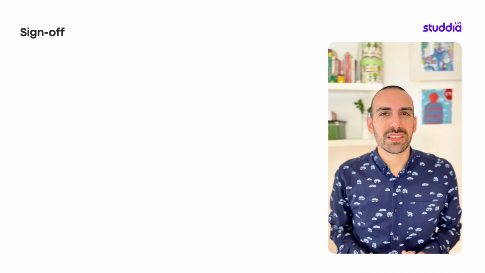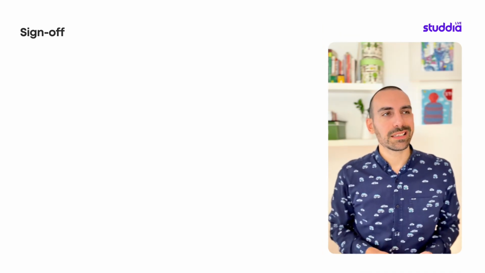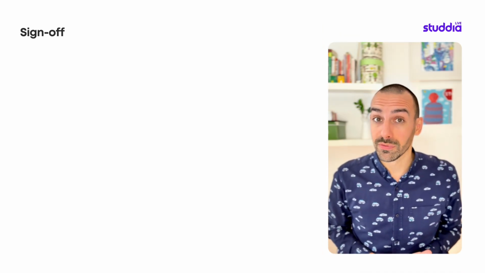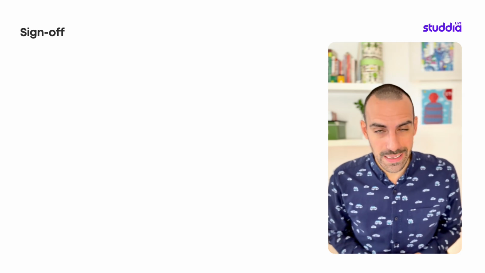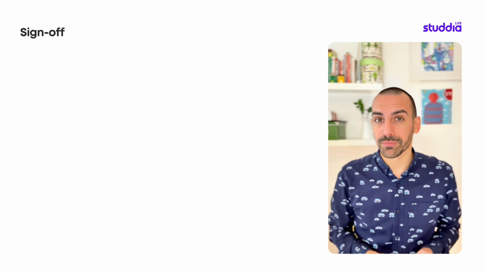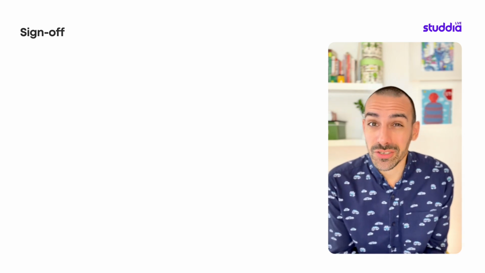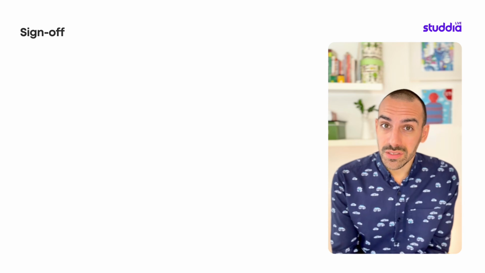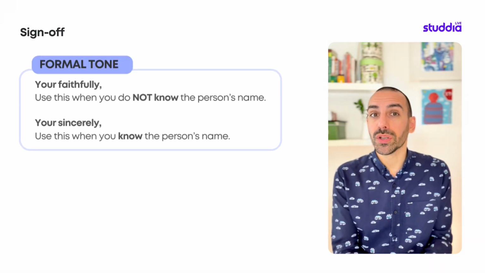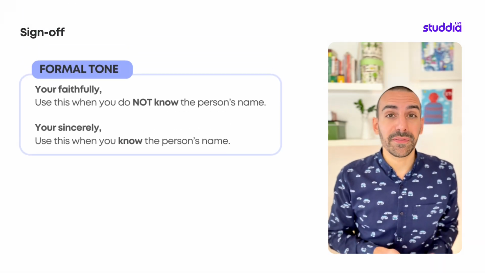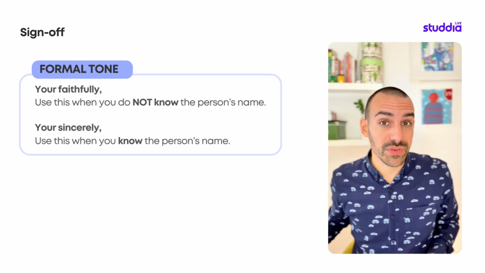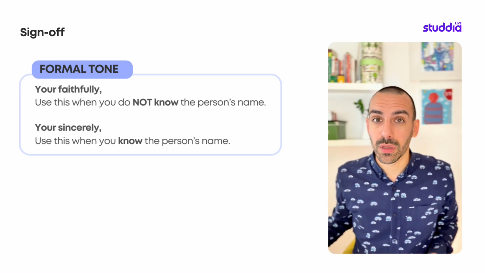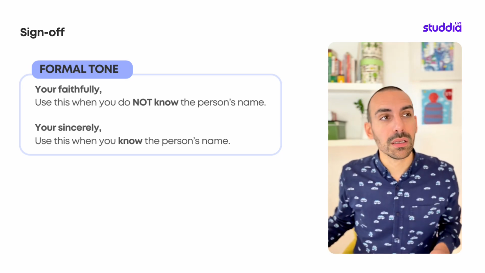And now it's time to sign off your letter, to end it with an appropriate farewell phrase and your name. Just like with the greeting, your sign off depends on the tone of your letter. It always needs to match the level of formality you've chosen. So in a formal letter, you can use yours faithfully when you don't know the person's name. For example, when you start with dear sir slash madam.